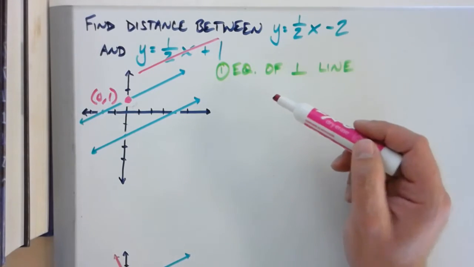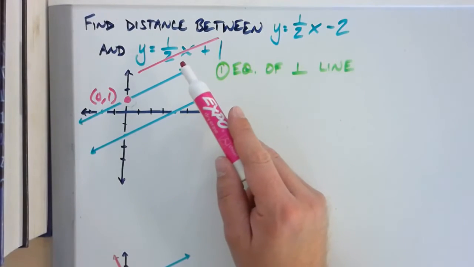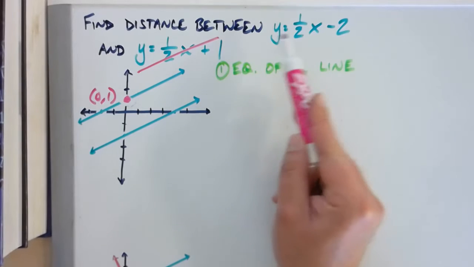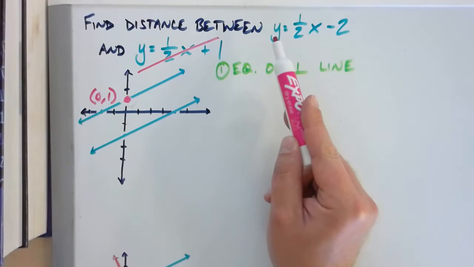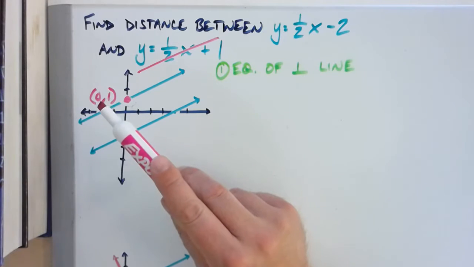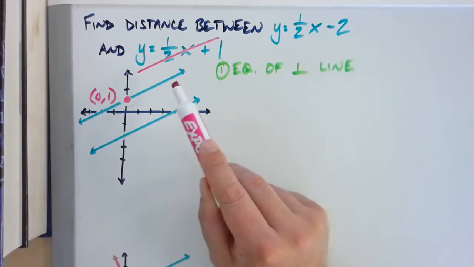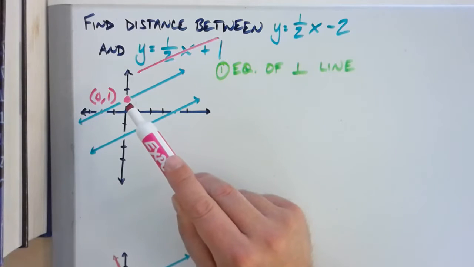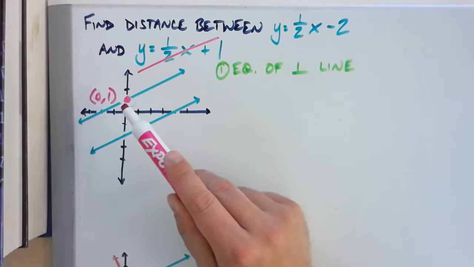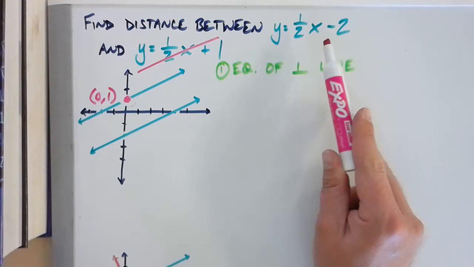The reason I crossed it out is because if I happen to choose the wrong equation, I would find the distance between this point and that line, and considering that it's on this given line, I would find the distance to be 0, which makes sense. It's on the line, but that would be a lot of work to find that kind of obvious result. So by crossing out this equation, it reminds me that that's the line I'm finding the distance between.